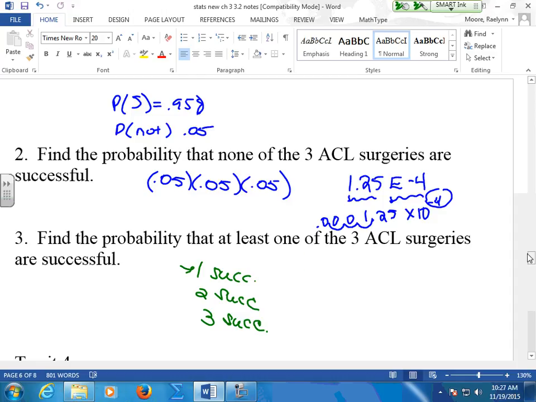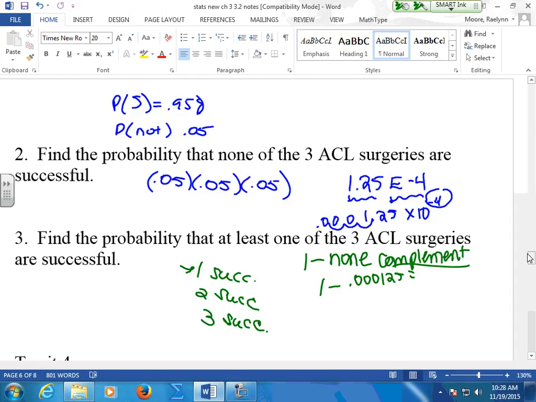So can I use the complement? 1 minus none. Can I use the complement here? This is my complement. So 1 minus 0.000125. And that's going to be a very large number.